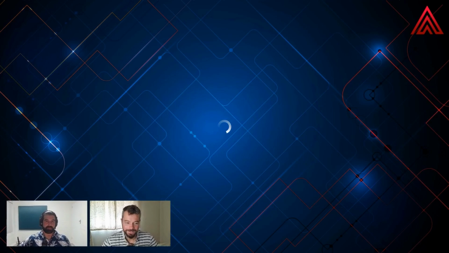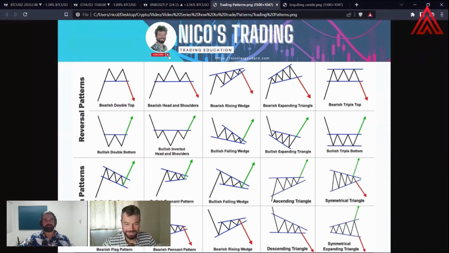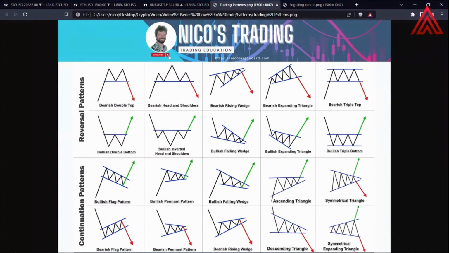Okay, here we are. On this image, I condensed various chart patterns and put them into two categories. You've got trading patterns for continuation, which means that the price will continue with the trend.